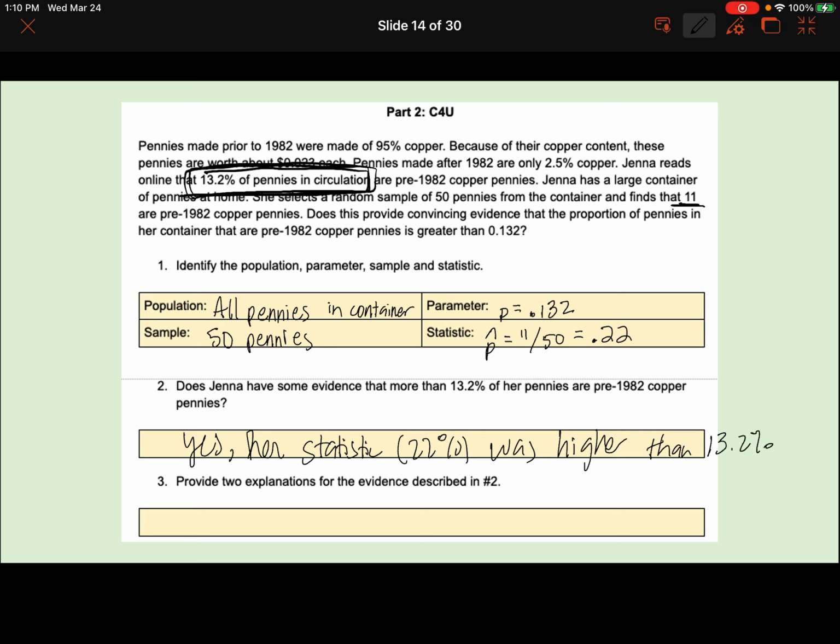All right, so 2 explanations. We're just kind of thinking like, why might this happen? So for one of them, we could say that the percent in the container is 13.2%, and she got her result just through luck.